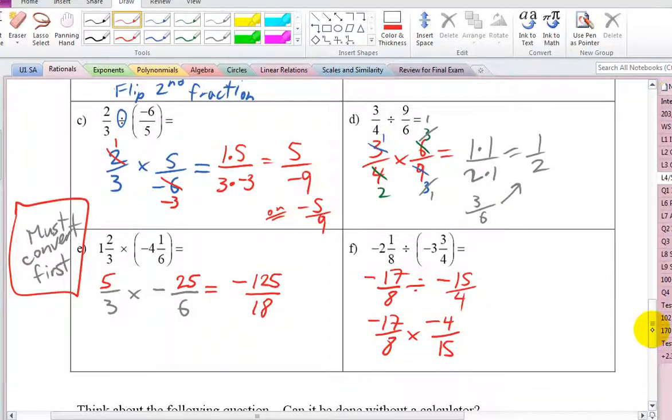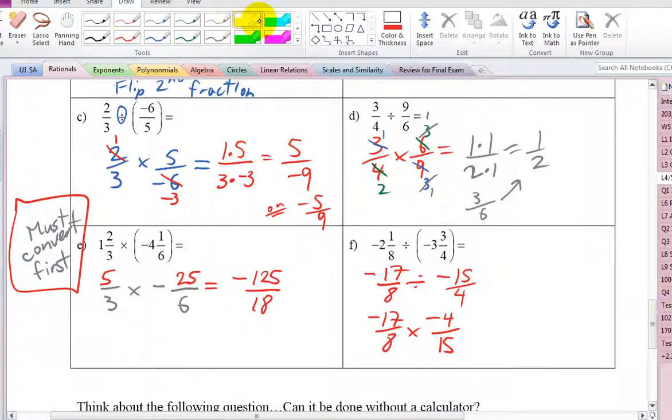Okay, so you'll notice here in the red, I keep my negative signs up top so that they're easy to see. Okay, something to think about. Before I multiply now, make sure I cancel.